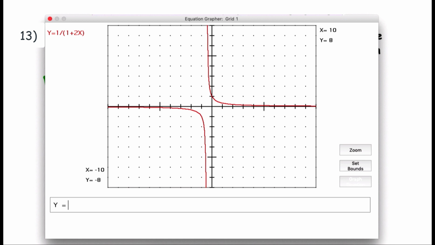So y equals, we started with 1, and we were multiplying by negative 2x each time, if you remember. So 1 minus 2x plus 4x squared. All right, that's S3, the third partial sum. Let's see what that looks like.